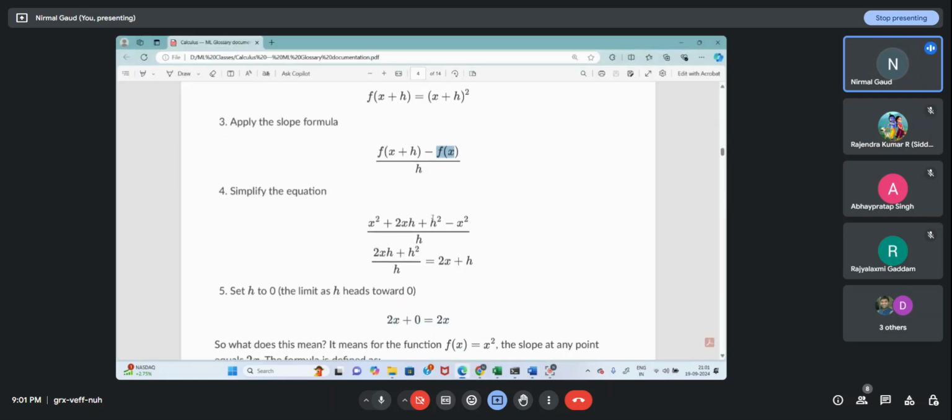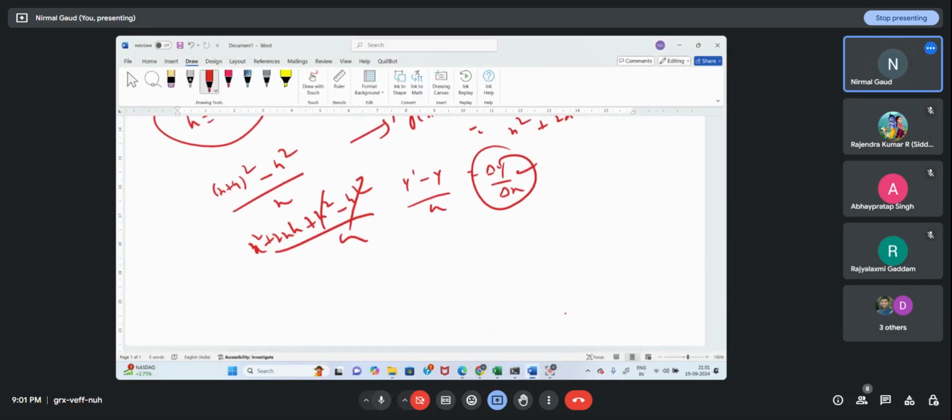Okay, this is 2xh plus h square, you can take the common. This is x square, not h square, so x square gets cancelled. So you have 2xh plus h square divided by h.